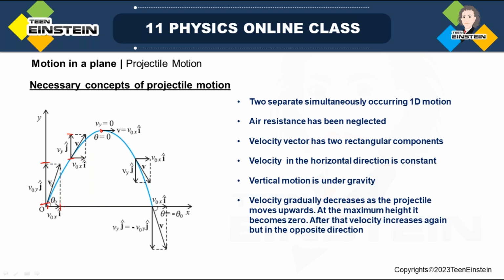And thereafter, this is the maximum point. Here it attains the maximum height, where the vertical velocity is 0, but anyway it is under gravity, right? So as it passes the maximum point here, it gains vertical velocity again in the opposite direction.